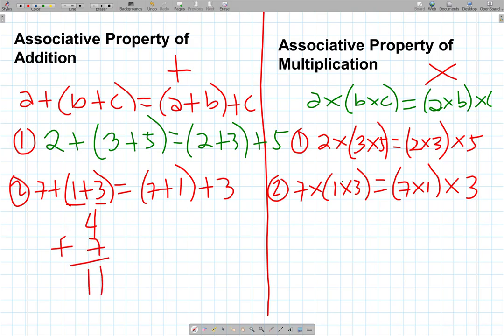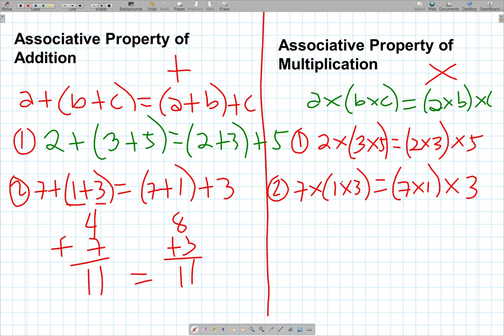And then, sa kabila naman, sa loob ng parenthesis ang dapat unahin natin. So, 7 plus 1 is 8. Then, plus 3. So, 8 plus 3 the same as 11.